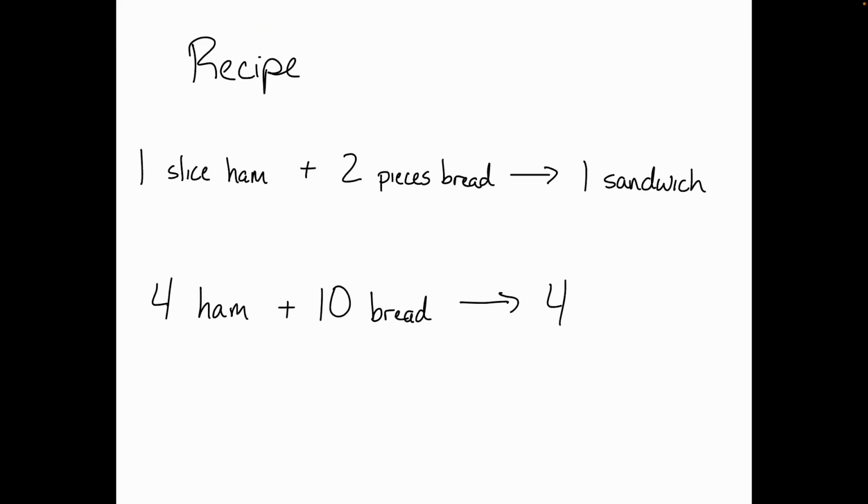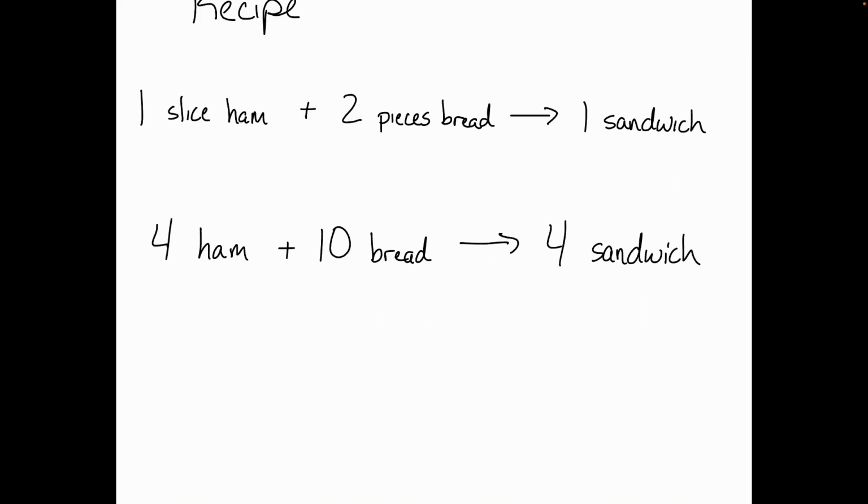Only 4, right? I have enough bread to make 5 sandwiches, but I'm limited by the number of pieces of ham that I have. As I start to put these sandwiches together, I'm going to run out of ham before I run out of bread. So the amount of product that I can get, the amount of sandwiches, is limited by one of these 2 components.